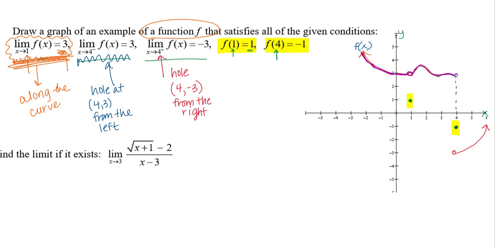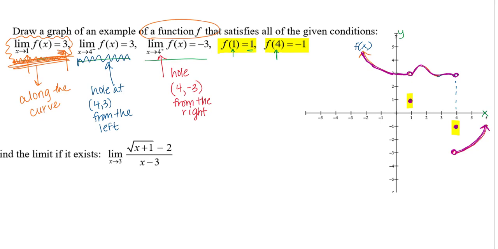Doesn't have to be too fancy. A hole. And then a hole down here at 4, -3. And a function out. And again, don't forget you have these two points on here, 4, -1, and 1, 1. So this is one example of what my function might look like.